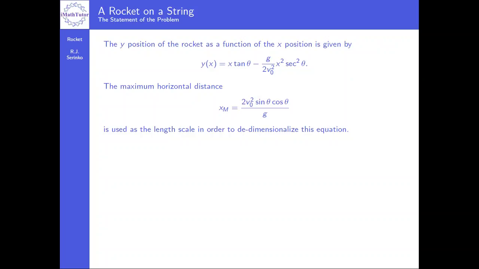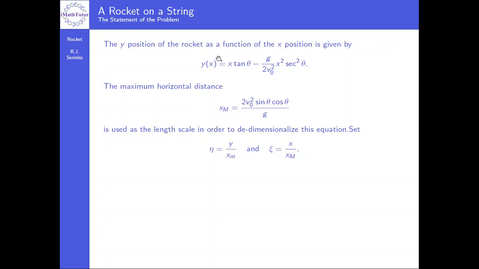That is, we're going to introduce two new position variables, eta, which is y divided by x sub n, and z, which is x divided by x sub n. We'll come up to this expression and divide by x sub n.